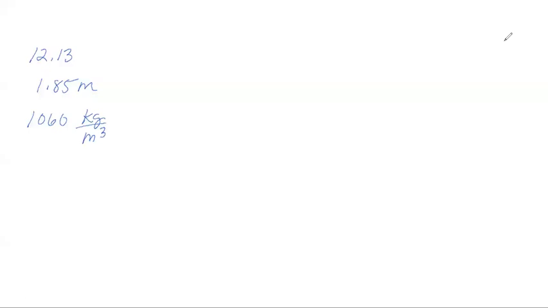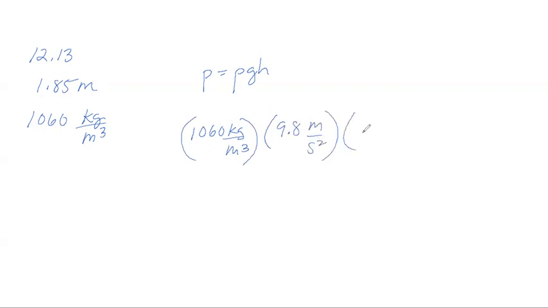Solve this much like the other one. Pressure is equal to rho g h, which is 1060 kilograms per meter cubed times 9.8 meters per second squared times h, which was 1.85 meters. That gives us 1.92 times 10 to the 4th pascals.